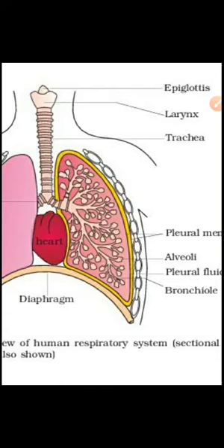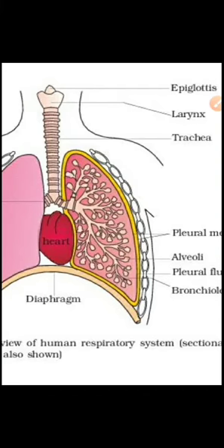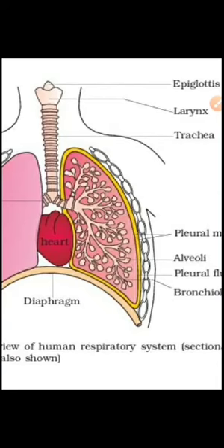Then this nasopharynx, otherwise known as glottis. Another name of nasopharynx is glottis. This is located in the laryngeal region, and this glottis is covered by a flap, which is known as epiglottis.